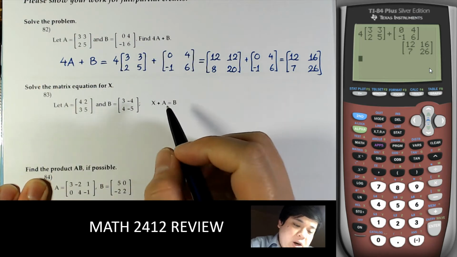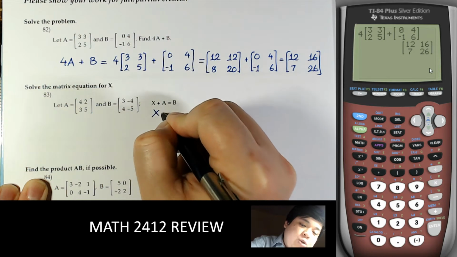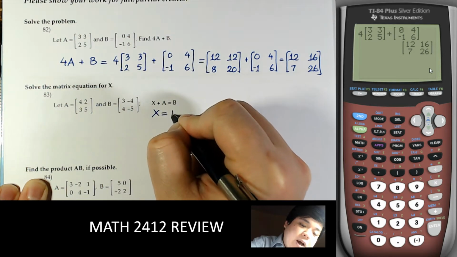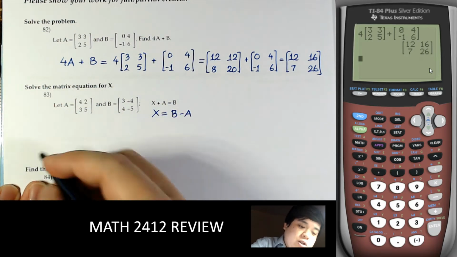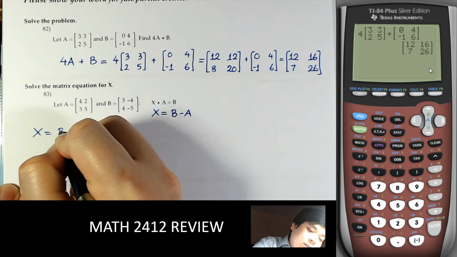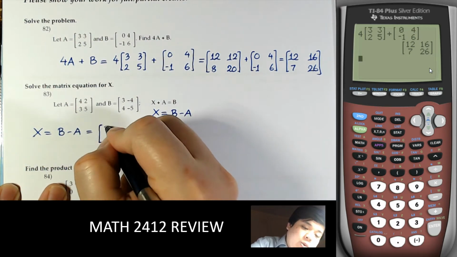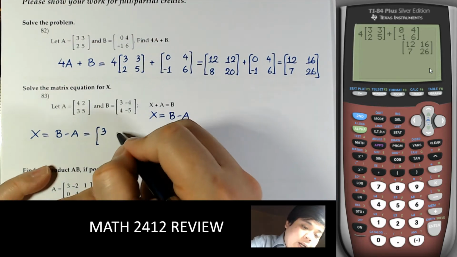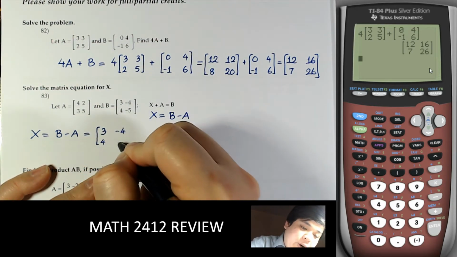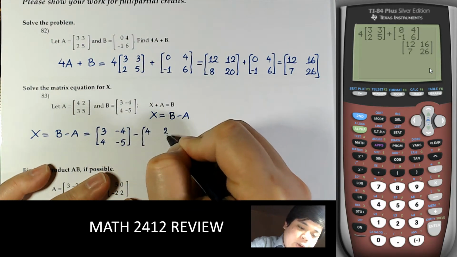Next, solve the matrix equation. Now this is simple. X plus A equal to B. If we want to solve for X, it will be equal to B minus A. So just take the matrix B minus the matrix A. B is 3, -4, 4, -5, minus matrix A, 4, 2, 3, and 5.